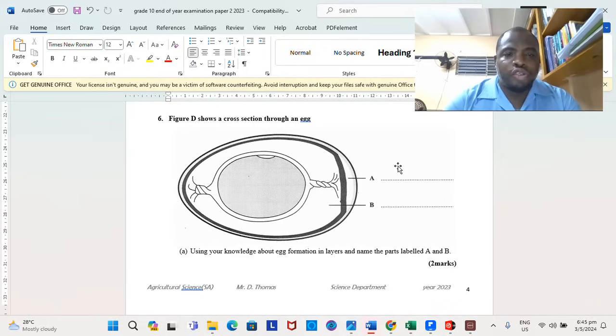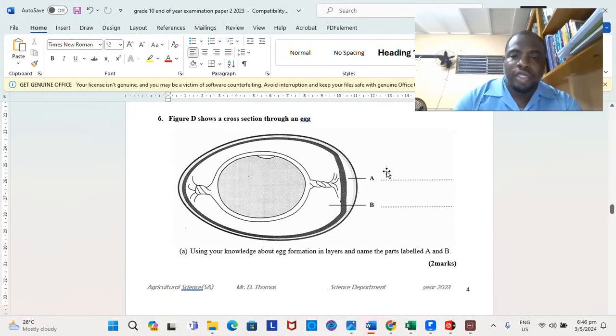Question 6 shows a figure. D shows a cross section through an egg, right? And we have A and B. Using your knowledge about egg formation in layers, you're going to name the parts labeled A and B. So A, if you notice, we have the small end and the large end, so A would have been the air sac, the air cell.